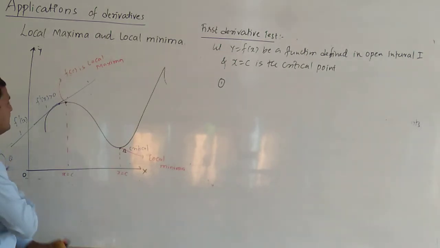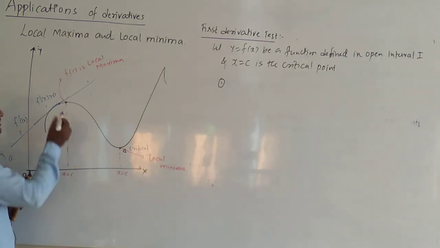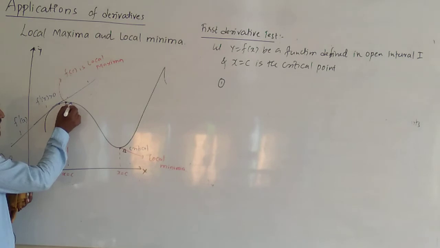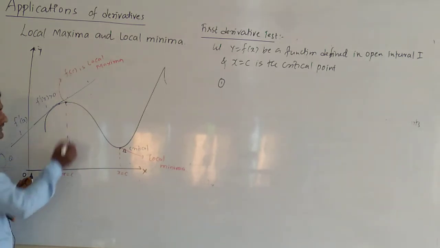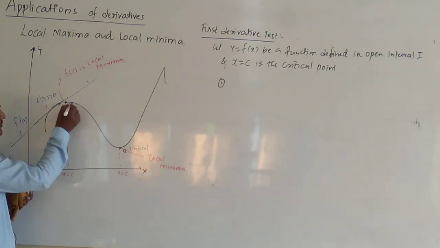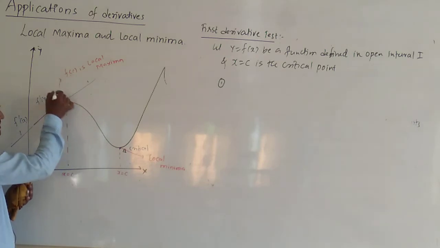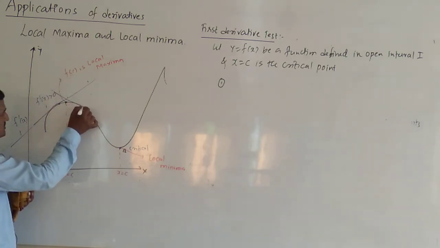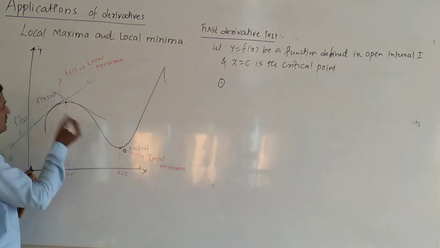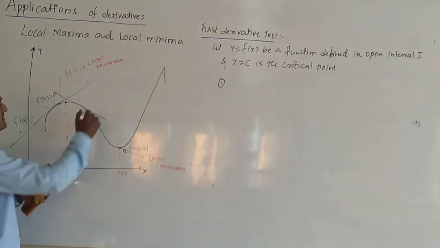Now I will take one more tangent to this curve in the neighborhood of the point C. So if I take the tangent here, clearly this is f dash of x.